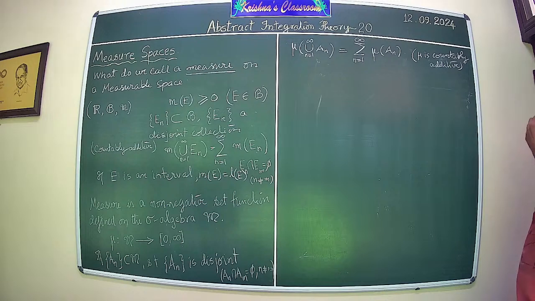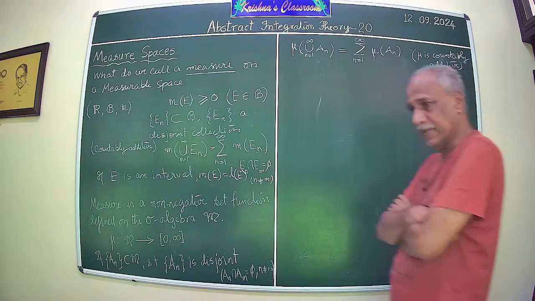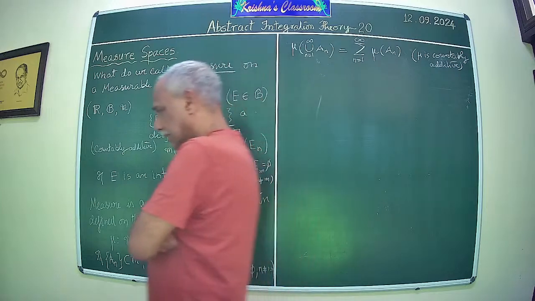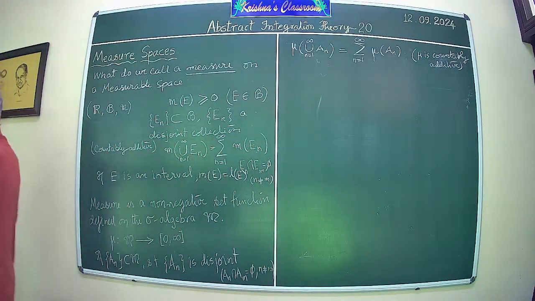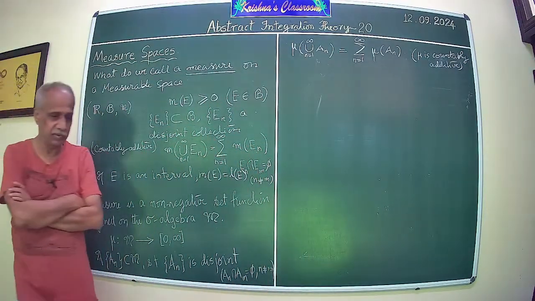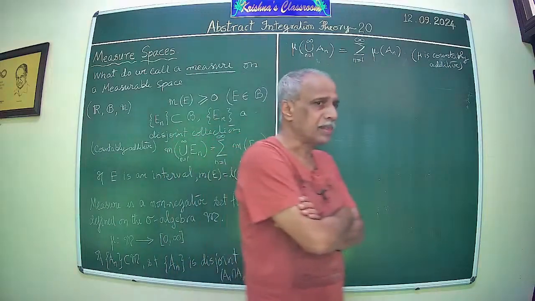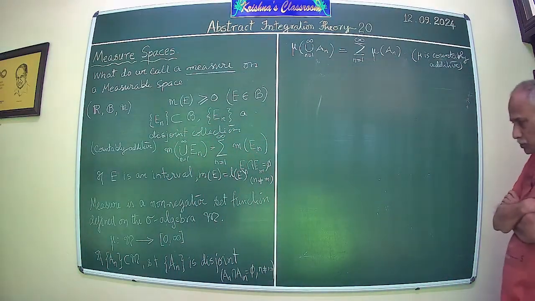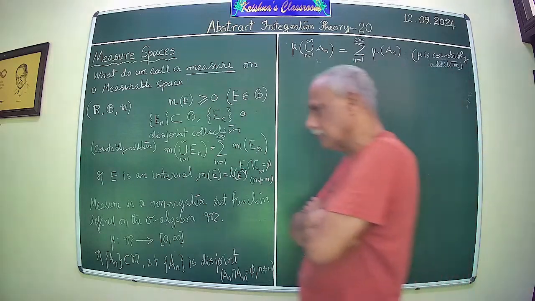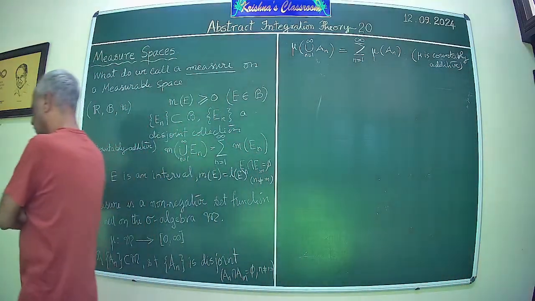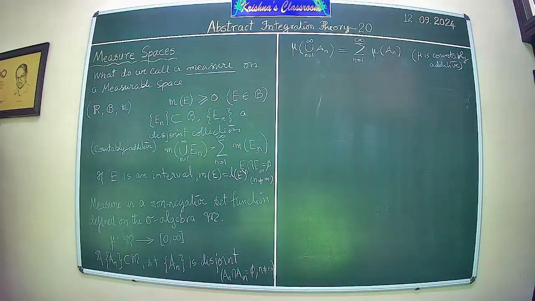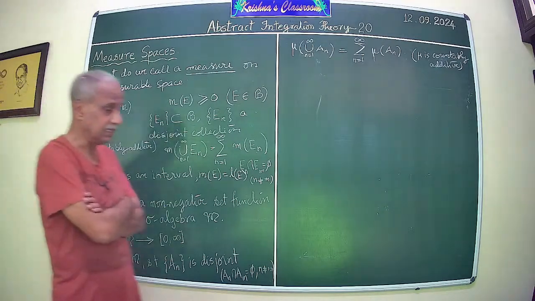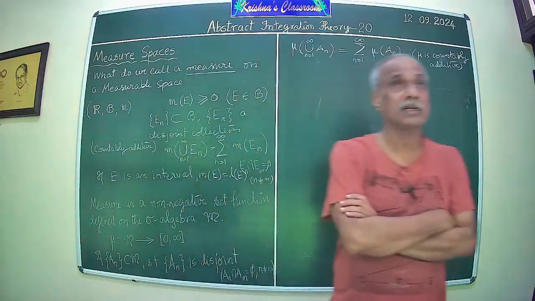Whereas in the case of a Lebesgue measure, we were seeking an extension of the notion of length and attributing a length to as large a class of subsets as possible on R. And we found that this cannot be done satisfying all the conditions that we have stipulated there.